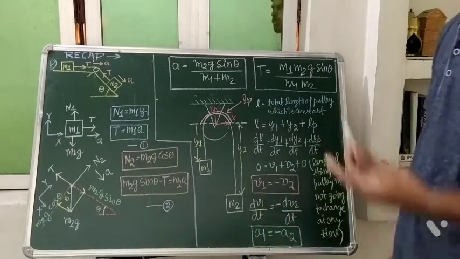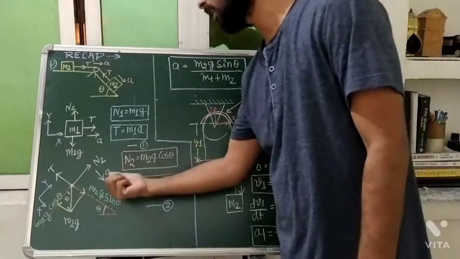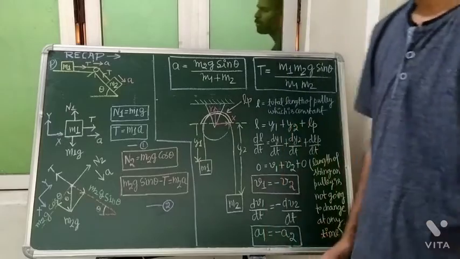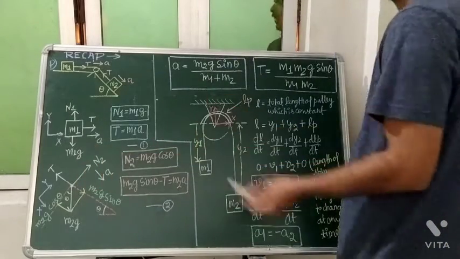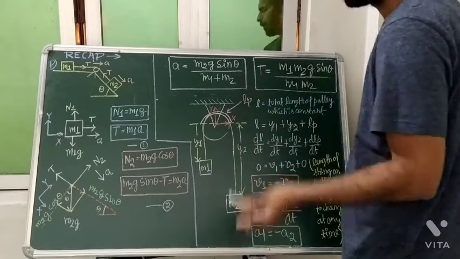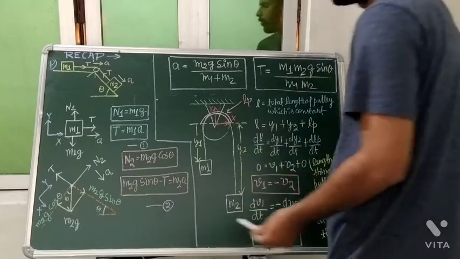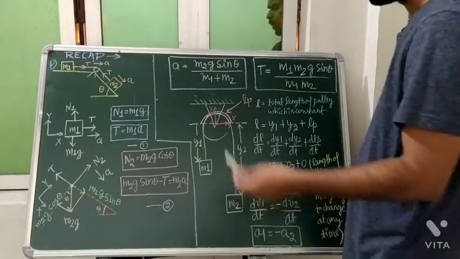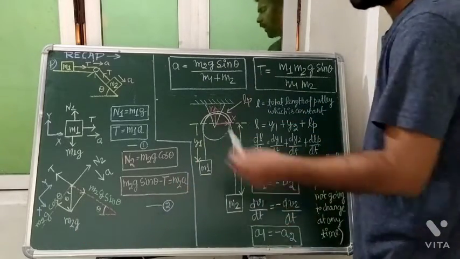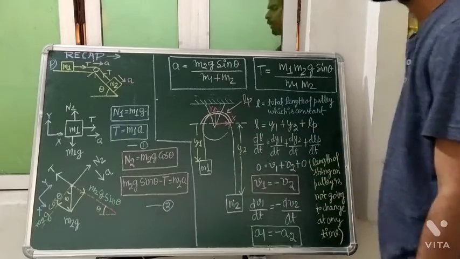Only this much force was present there, and the block was moving with an acceleration of a. So students, the tension and normal were along the contact surface or perpendicular to the contact surface. Only the force due to gravity, m2g, was neither along the contact surface nor perpendicular to the contact surface.